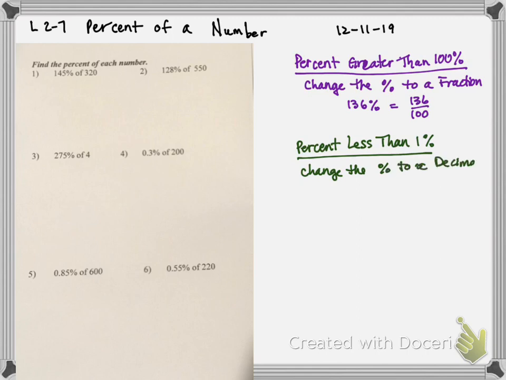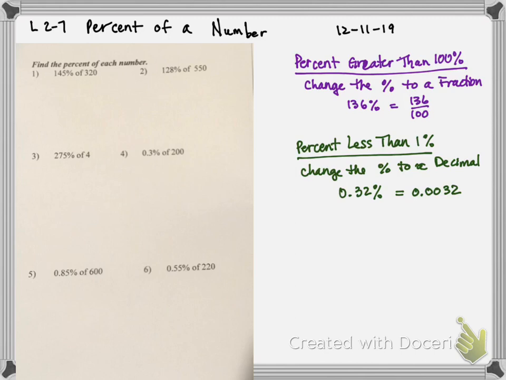Just for some reason I find that it works out better. So if I have something like 0.32%, I'm just going to move the decimal point left twice, and that's going to give me 0.0032 or 32 10,000ths. Okay? Now again, you might not want to do it this way. That's okay. Pick whichever way you want to do it.